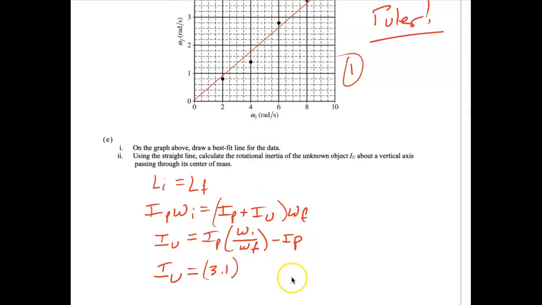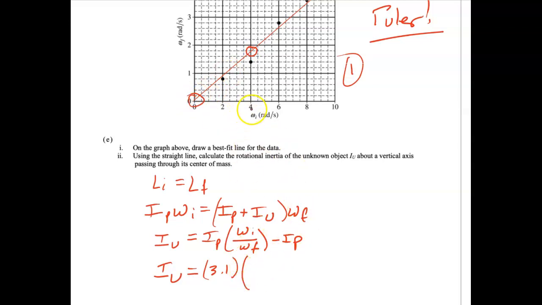So what we're going to do here is go through and be really careful with what we get. So this is omega I over omega F. Okay, so omega I over omega F. Alrighty, so I think the easiest thing to do is let's just pick this point right here, and then let's pick the origin since we have those two.